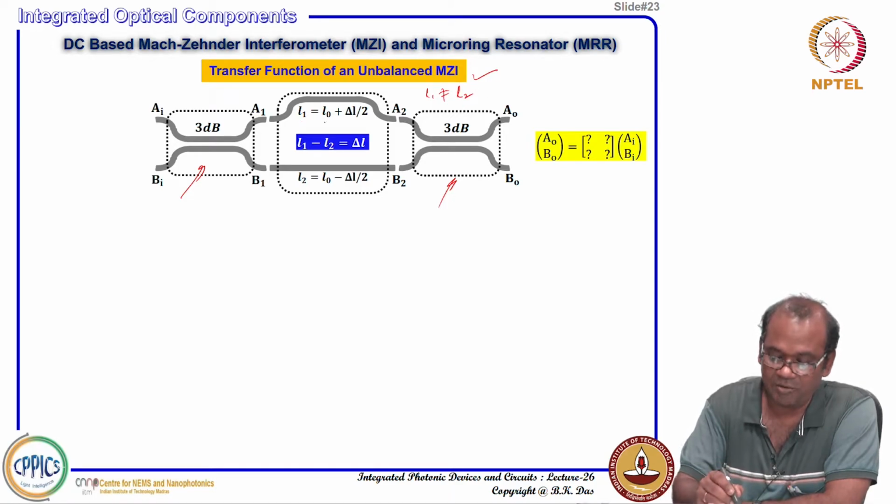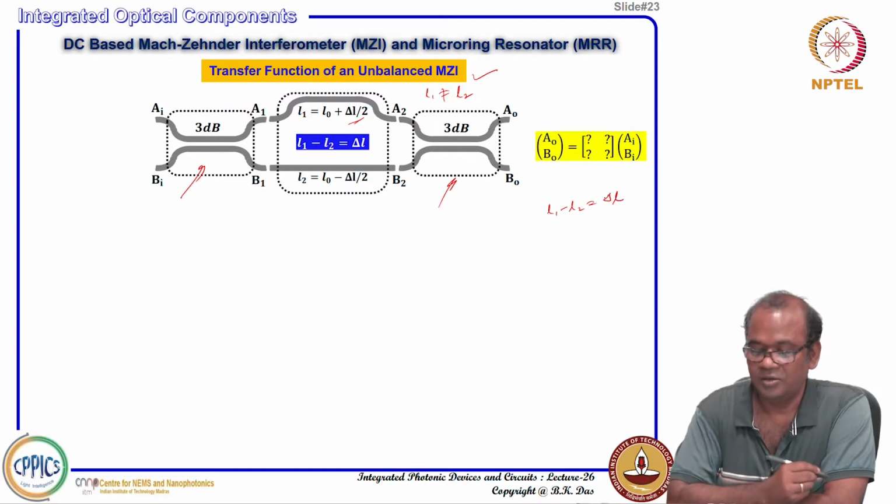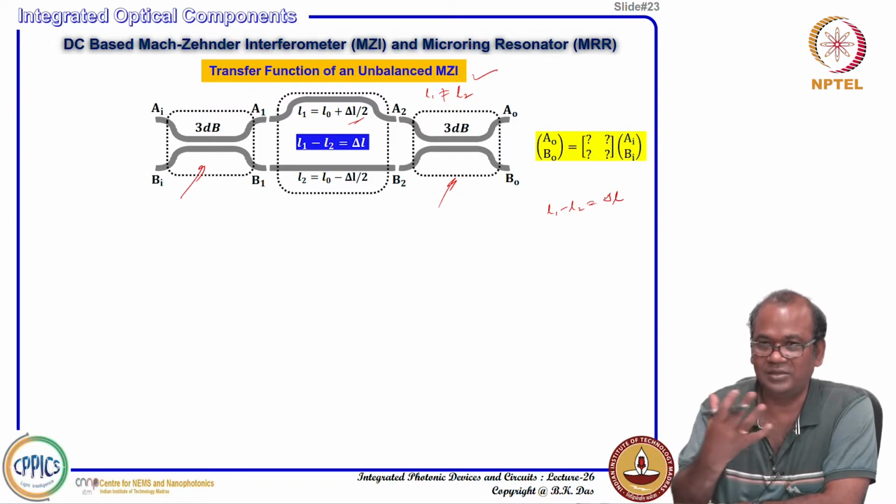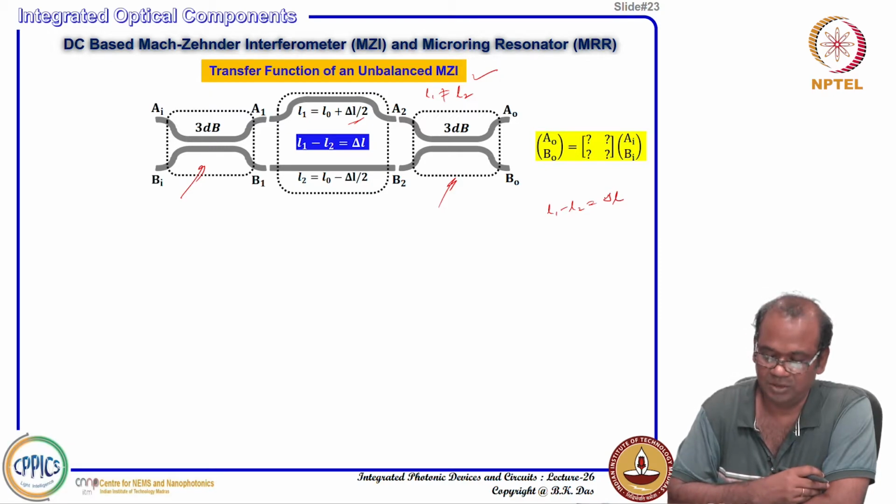L1 I consider as a fixed value L0 plus delta L by 2, and the other arm as L0 minus delta L by 2, such that L1 minus L2 equals delta L. So delta L is the path length difference between these two arms.